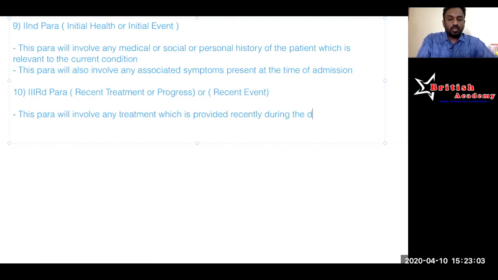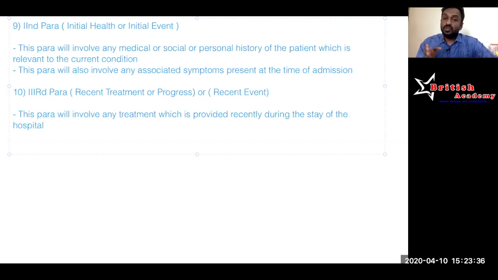During the stay in the hospital, what this para means is whatever has happened most recently. If you're writing a discharge letter, in the recent event paragraph you would write what treatment you gave once the patient was admitted to your hospital, what response he had to that treatment, and any incident which happened during his stay.